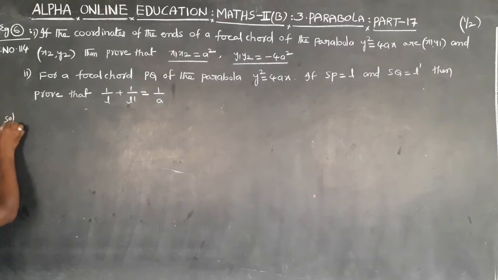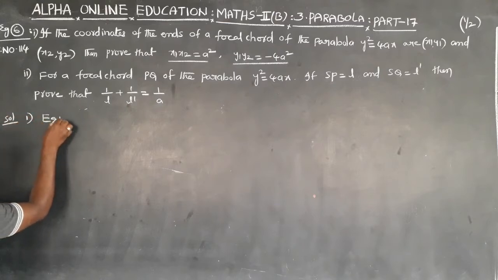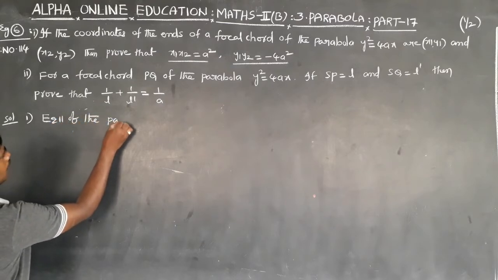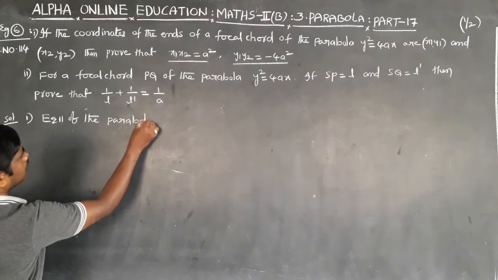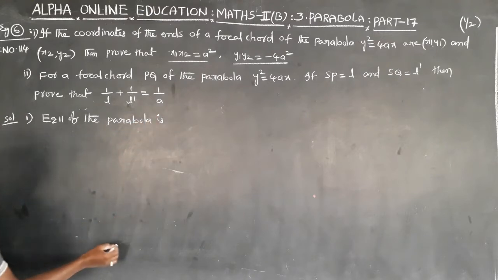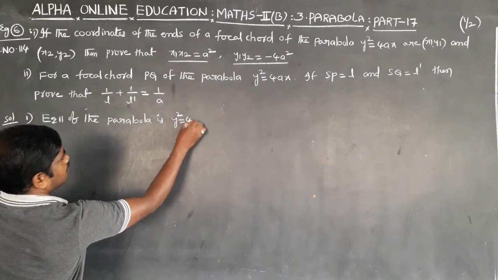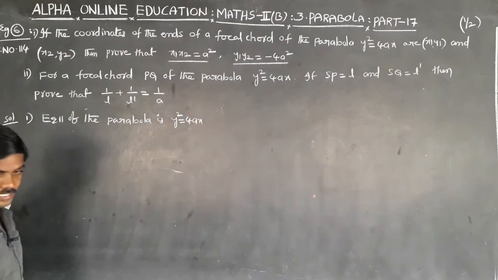Here, first of all, the first part. The equation of the parabola is y² = 4ax.